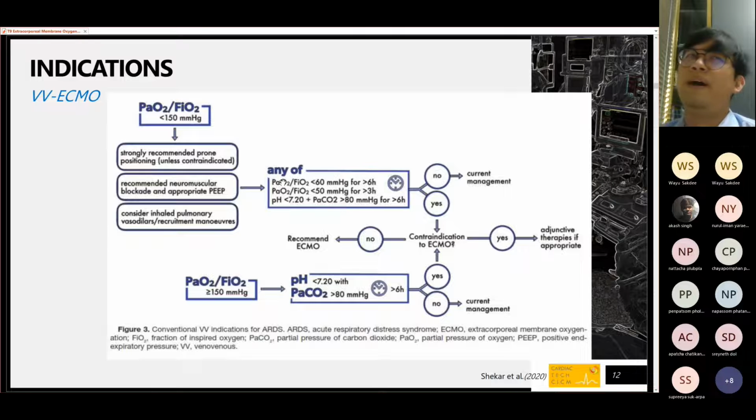So you can see first this is a high setting on the ventilator, and after that they have measured the blood gas and also. So this is an algorithm. So I don't just only show the example on this kind of indication.